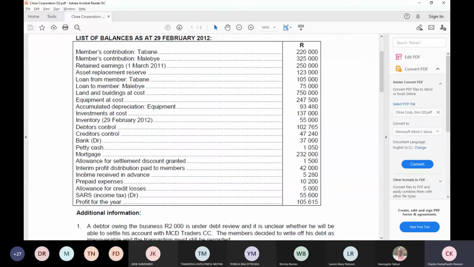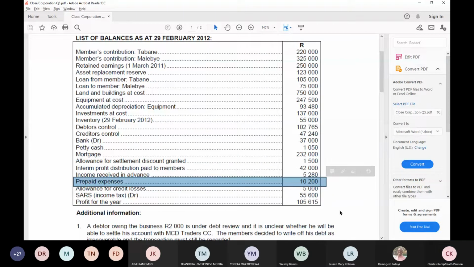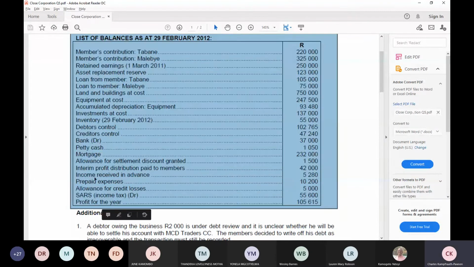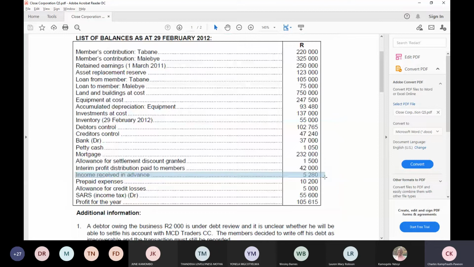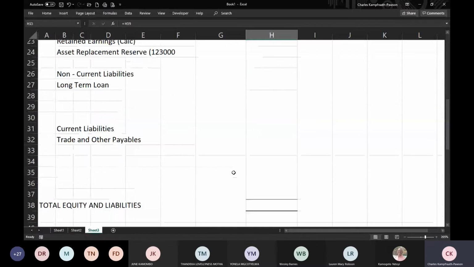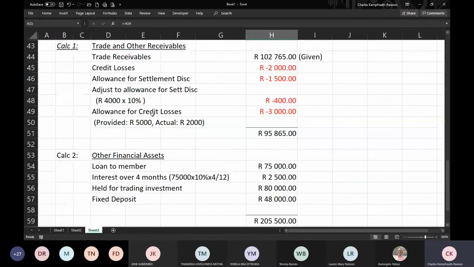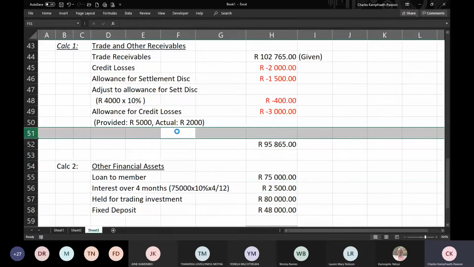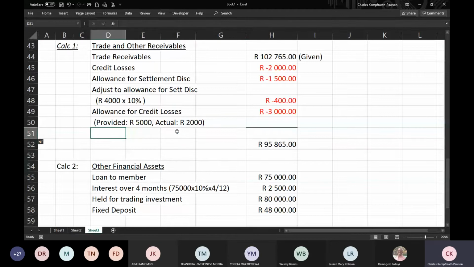Wait. Prepaid expense. Prepaid expense is a current asset. Income received in advance is a current liability. So prepaid expense should still be taken into account. I'm going to take it into account here by my trade and other receivables.